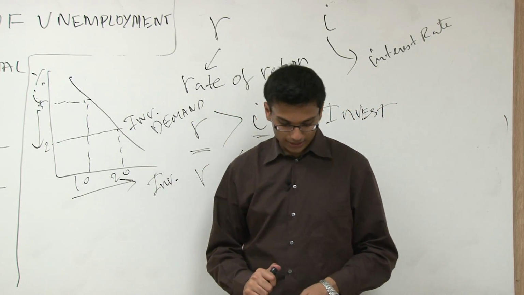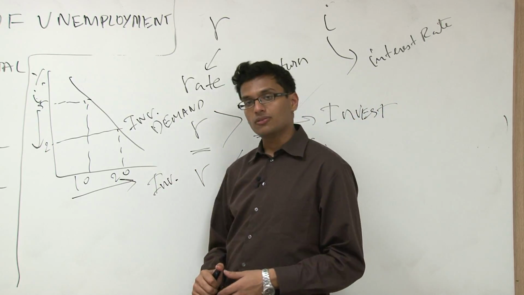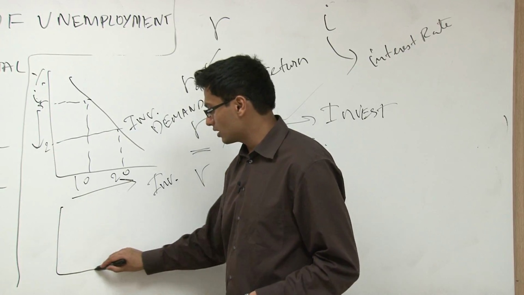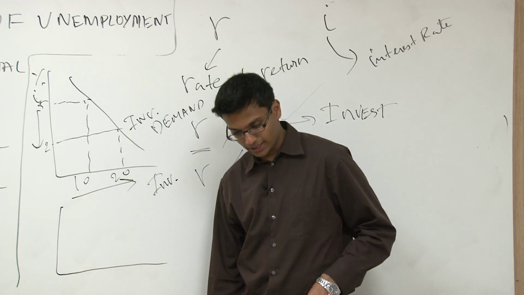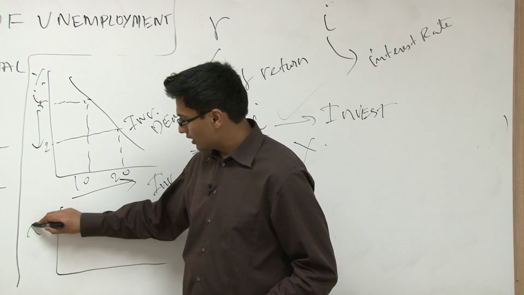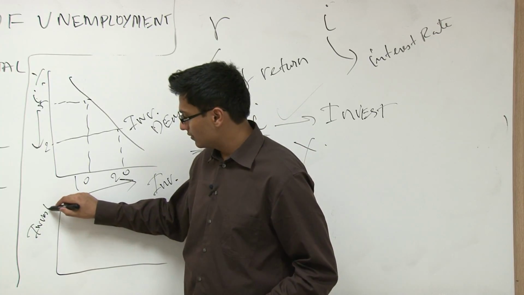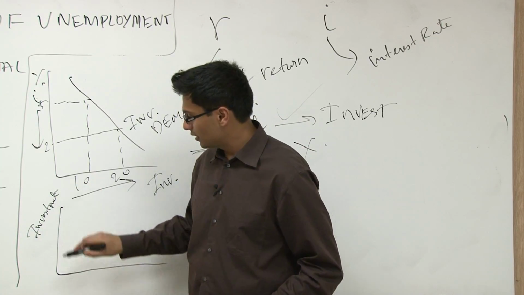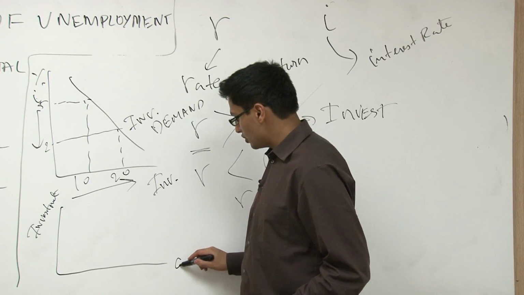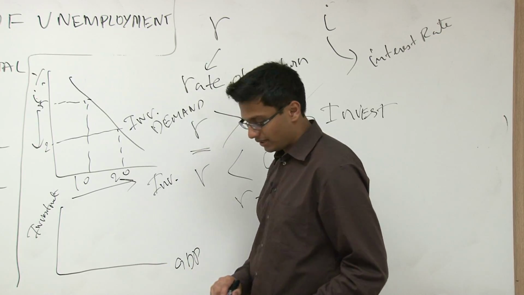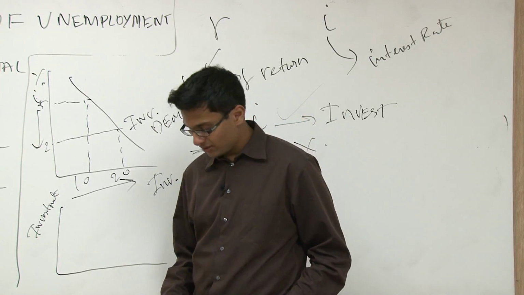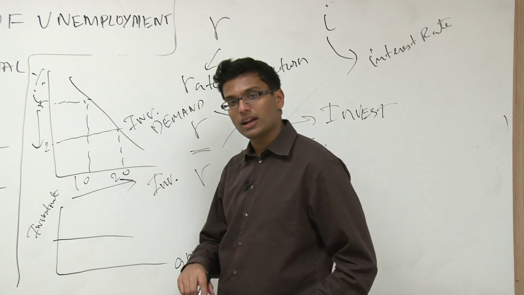All right. What about investment itself? What about investment I? We talked about that in the GDP. How does that look? Well, on the y-axis we have investment, and on the x-axis we have GDP. It's sort of like a flat line because it's constant.